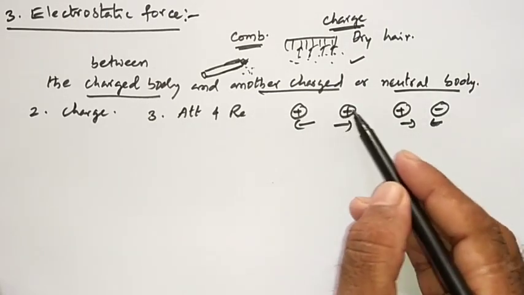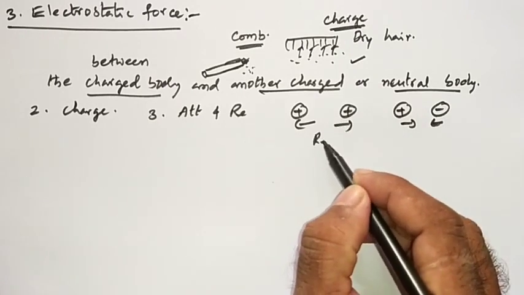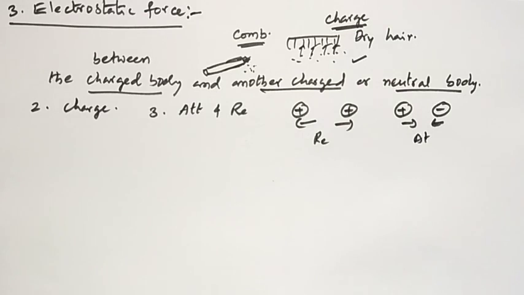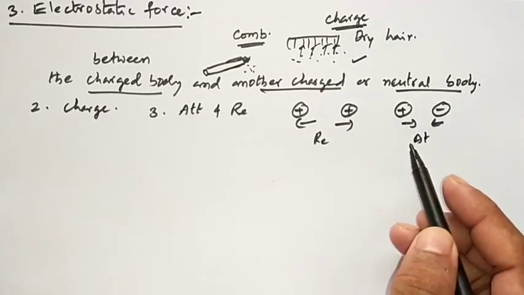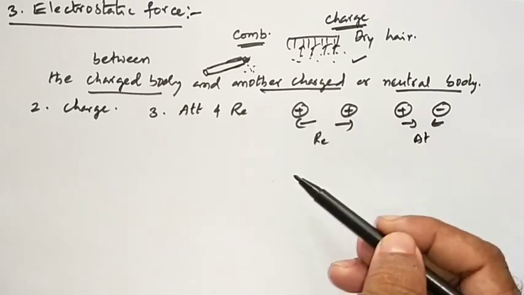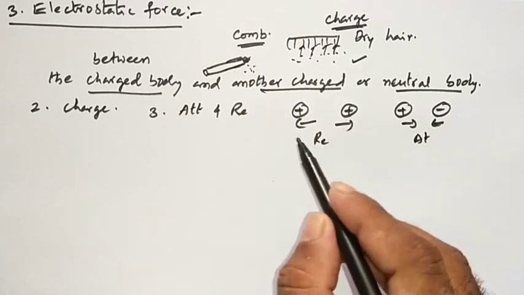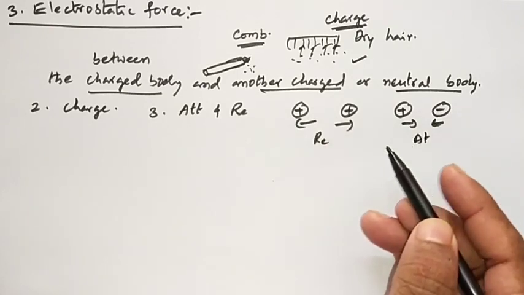Like charges repel each other, unlike charges attract each other. So it is also two kinds. In non-contact forces, except gravitational force, all the remaining are of two kinds: attraction and repulsion. Charges are of two kinds: positive charge and negative charge.